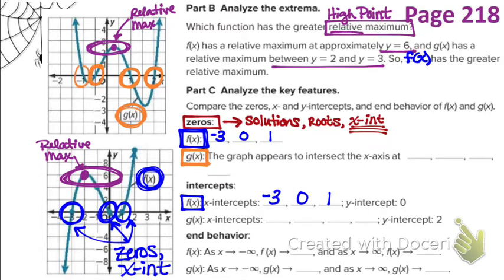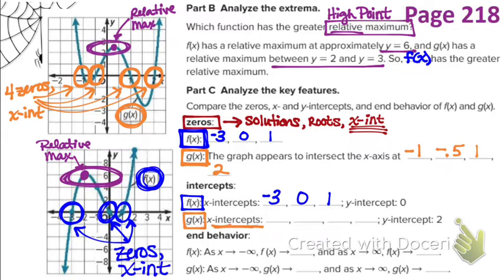Negative 0.5, absolutely correct. This one has 4 zeros. Those are the same things as my x-intercepts. They are at -1, -0.5, 1, and 2.